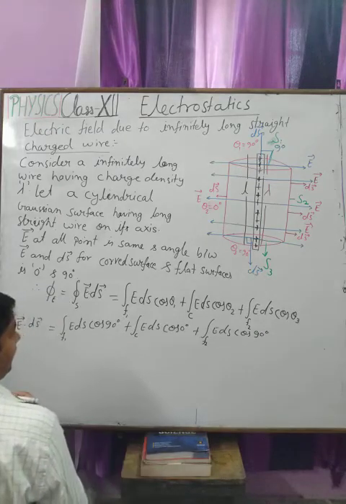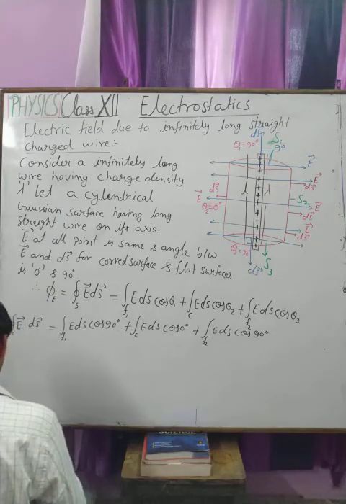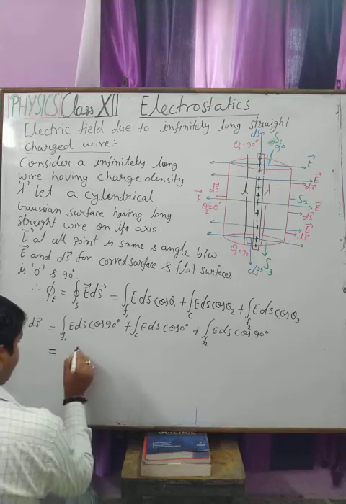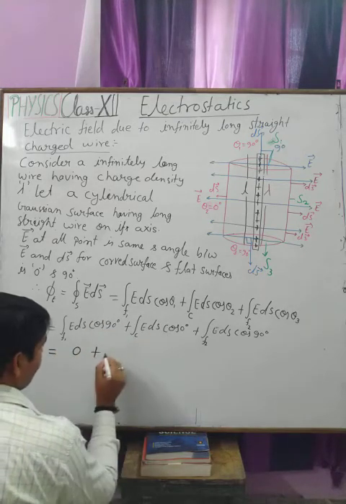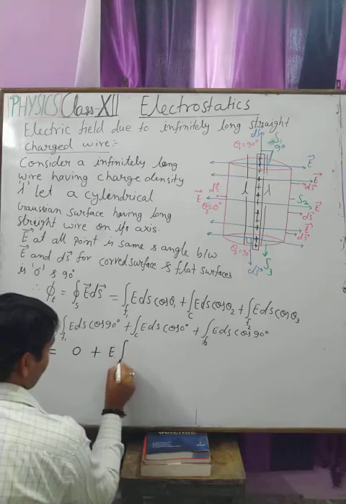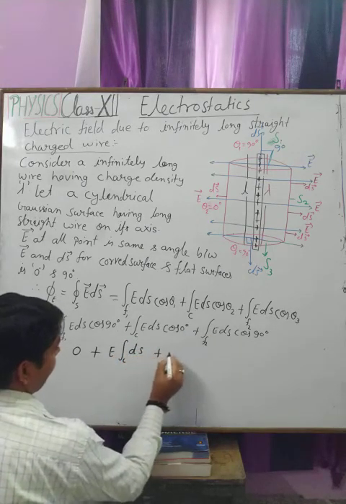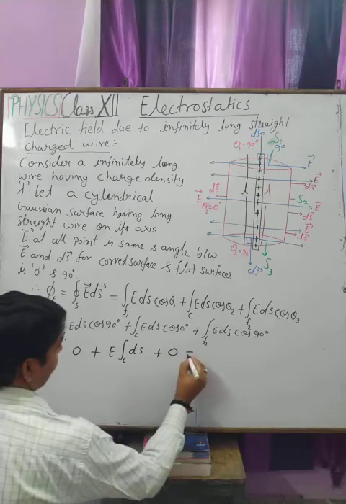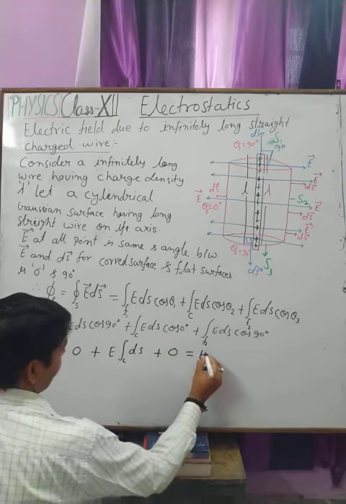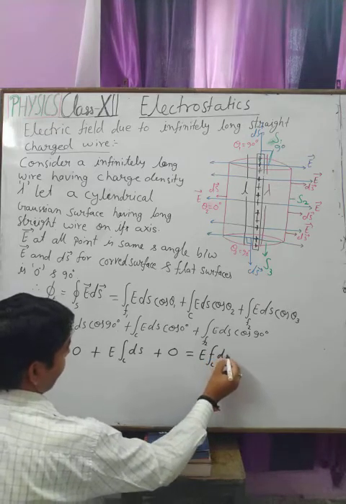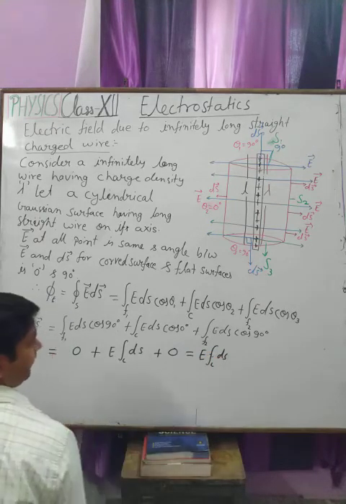Okay student, now this will become 0, plus E is constant, curved surface ds, and plus this is also 0, so we have electric field times curved surface ds.